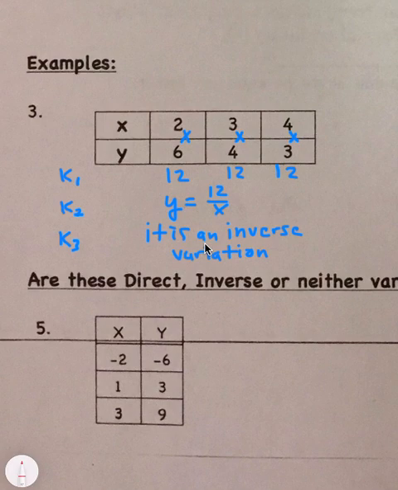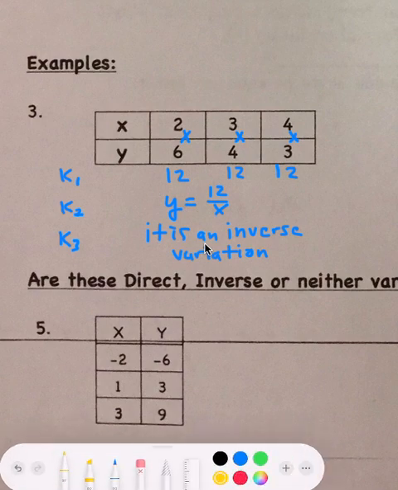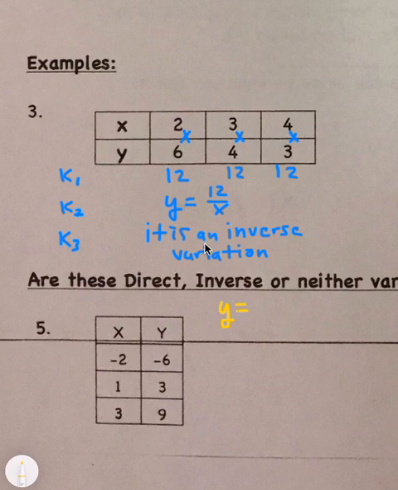So we look here, x's are growing and the y's are growing. So I am going to try direct variation, which means my direct variation equation is y equals k times x, which means k is equal to y over x. So when I do that division, I get 3 for here, negative 6 over negative 2, 3 over 1 is 3, and 9 over 3 is 3.